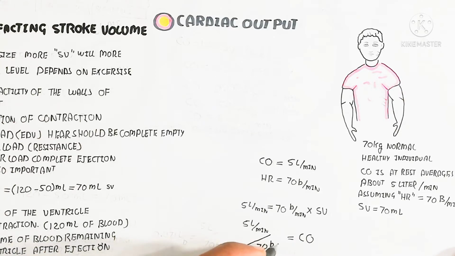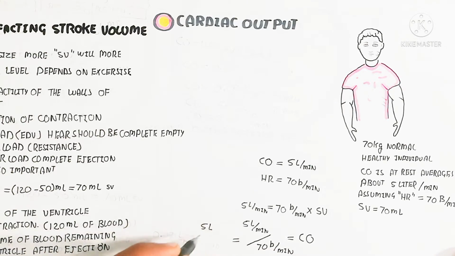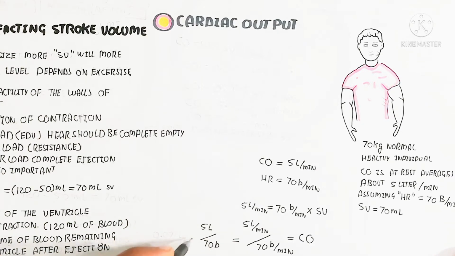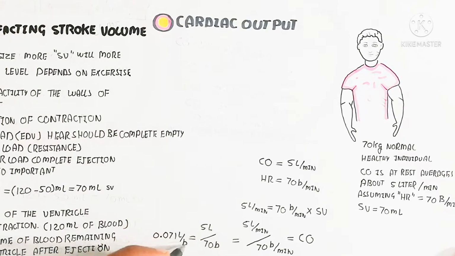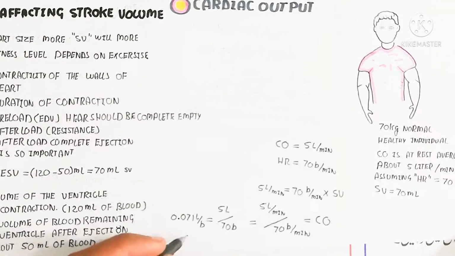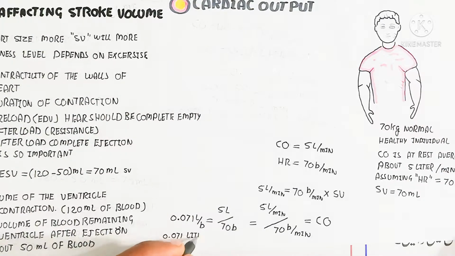So the cardiac output is equal to heart rate and stroke volume, which we multiply. Here we can calculate the stroke volume, and this basic equation shows it is equal to 0.071 liter per beat.